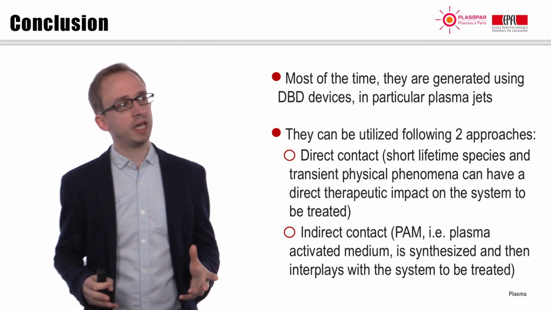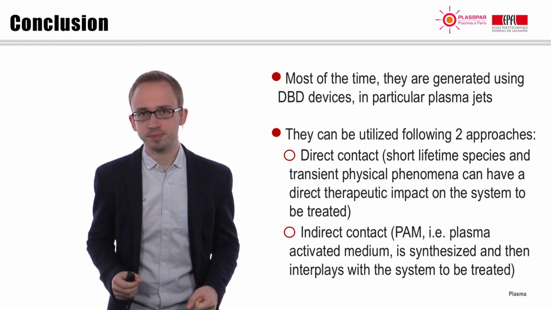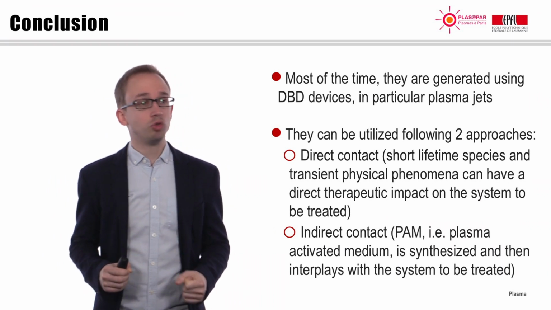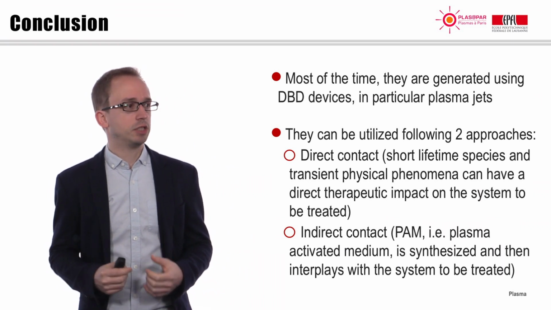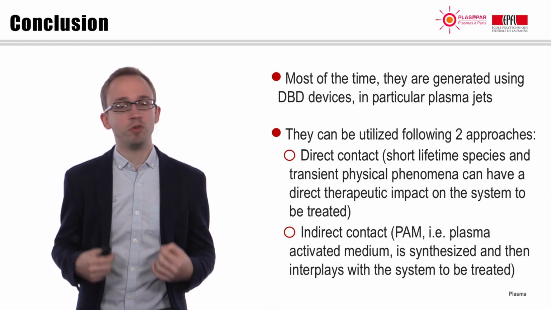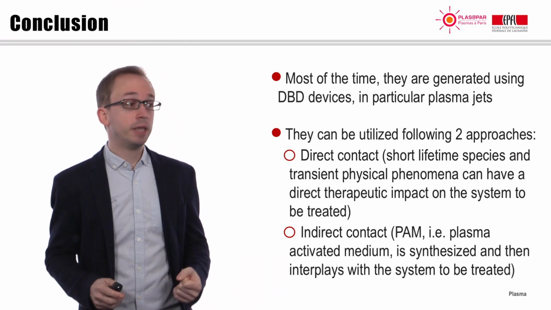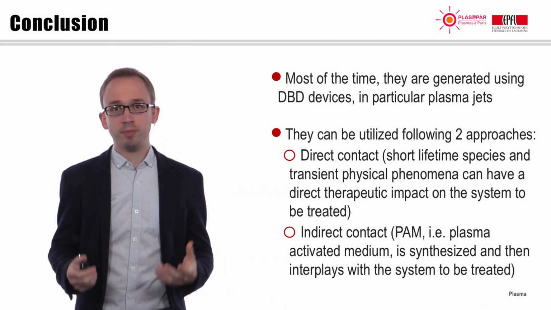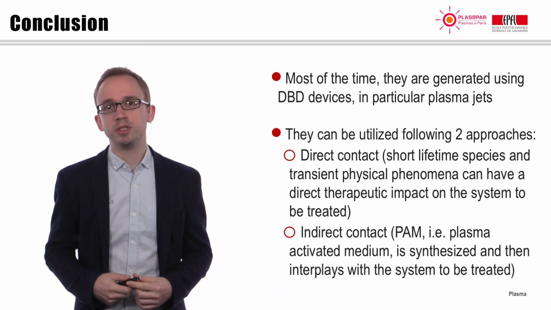Also, most of the time, they are generated using DBD devices, in particular plasma jets. They can be used following two approaches: the direct contact, where short lifetime species, as well as transient physical phenomena, can have a direct therapeutic impact on the system to be treated, and indirect contact, where PAM, plasma activated medium, is synthesized and then interplays with the system to treat.